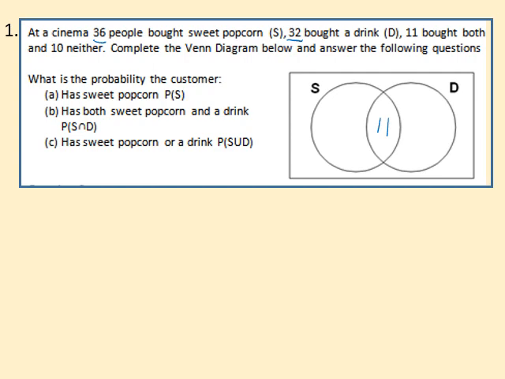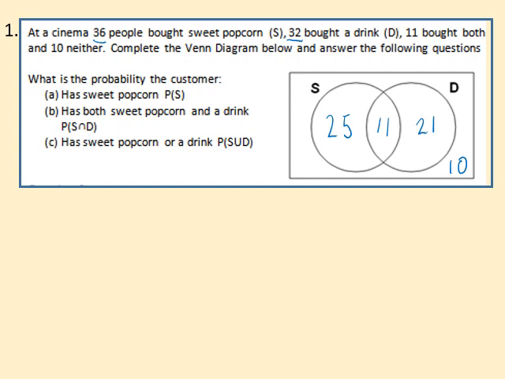Now, I've already got 11 in the middle, so I'm going to put 25 people here. For D, I need 32 people. I've already got 11 people in the middle, so I'm going to put 21 people here, and then I've got 10 people on the outside.